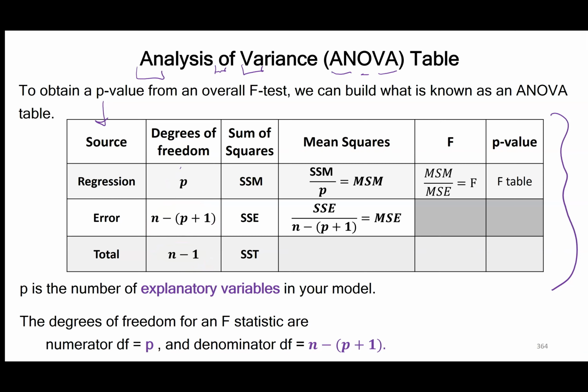We're going to have our sum of squares for the model, so what the model explains, and sum of squares for the error, so what's left over, what's not explained. Sum of squares total: if I add these two together, I'm going to get sum of squares total. So then what's cool here is you go across.